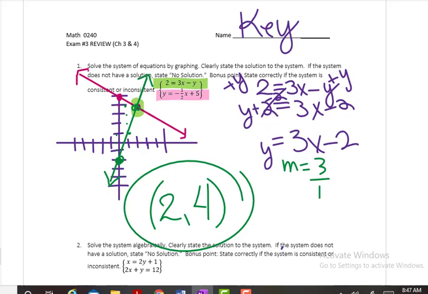For the green equation, if I put 2 in for x, I get 6 minus y, which is 4. 6 minus 4 is 2. That checks. For the second equation, when I put 2 in for x, negative 1/2 times 2 is negative 1, and negative 1 plus 5 is 4. So it definitely does check for this system.